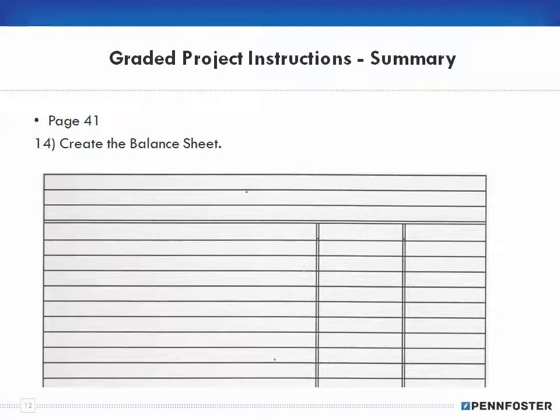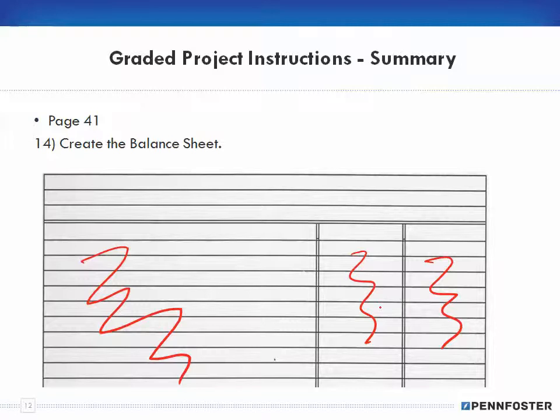So the heading should be the same. However, the date is going to be different because you're making a balance sheet at the end of January and not at the end of December. But everything in this area here, all of the accounts and the way they're formatted with indentations and bold and headings and things like that, should be the same. And of course, for those general ledger accounts, you're going to use the balances from the post-closing trial balance that you created.